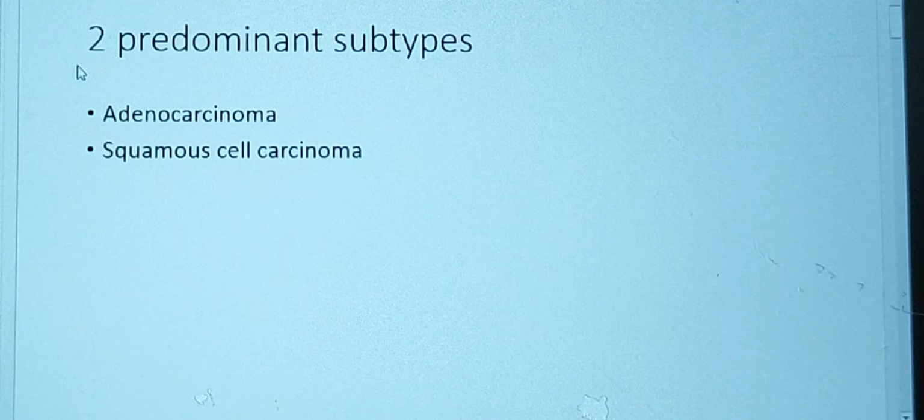There are two predominant subtypes of esophageal CA, composed mainly of adenocarcinoma and squamous cell carcinoma. Historically, squamous cell carcinoma predominates over adenocarcinoma in terms of statistical prevalence.